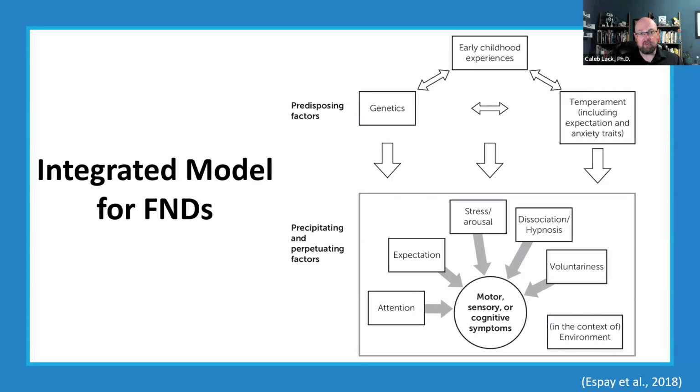Putting this all together in an integrated model with your case formulations really does help improve your understanding of functional neurological disorder, because what we see all too often is people who are told this is all in my head, right? Like I'm just crazy, it's all in my head because there's no medical reason for it. We want to help them understand, no, it's not really all in your head. Here's what's going on.